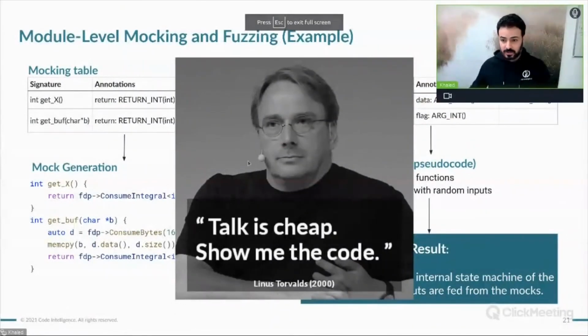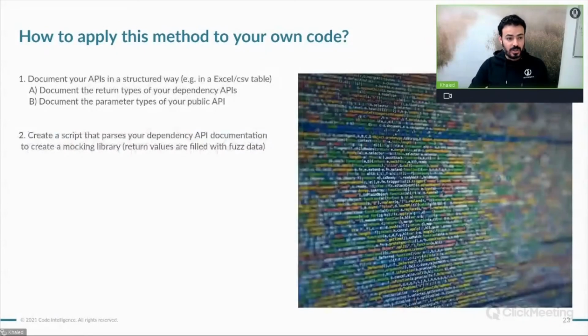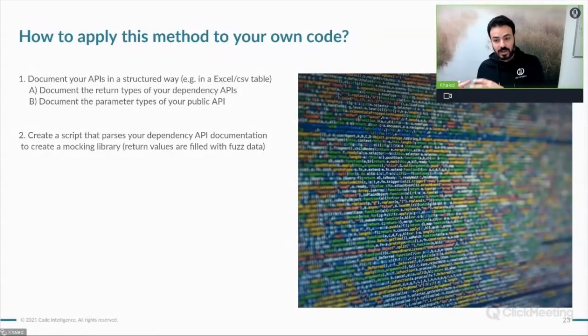And just to recap, what the approach is in a nutshell, if you want to use it for your own code: we need a way to document the API, so the hardware dependencies and the public API. And here in our example, we chose Excel as a format. We need to create a script that parses this API documentation and creates a mocking library based on it, where basically it replaces the arguments and the return values with fuzz-generated input.